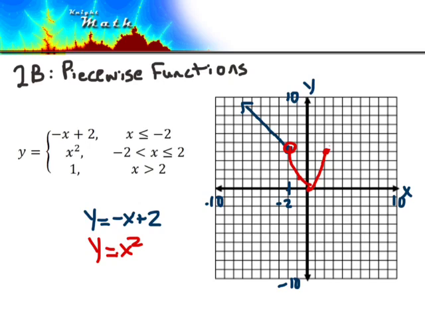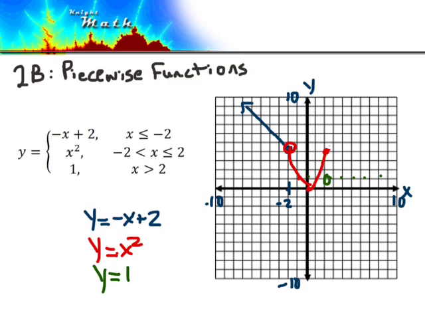So let's graph y equals 1. Let's get a different color here. And that's just a horizontal line right at y equals 1. This is going to be for all x values that are greater than or equal to 2. So this line just starts when x is 2.